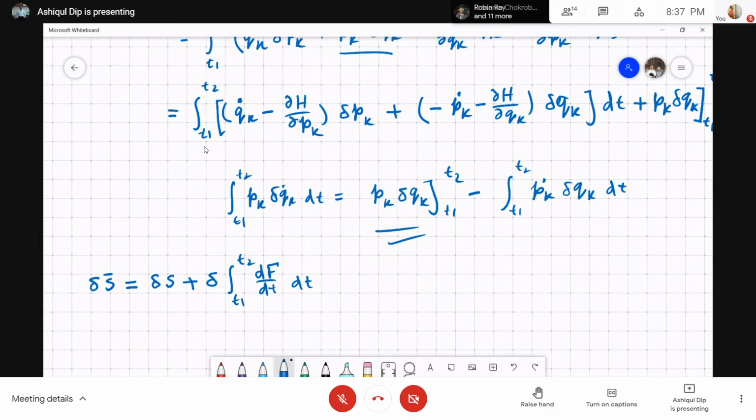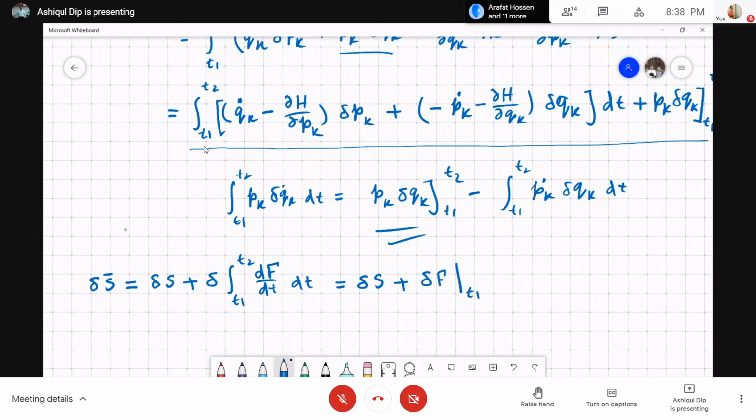So time derivative and time integration are totally independent. So we can write variation of s, this whole term, plus variation of f evaluated at t1 and at t2, where f is a function of q, p, and t. So let's substitute everything and see.